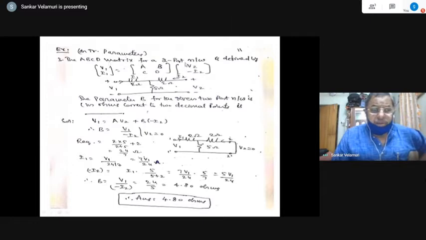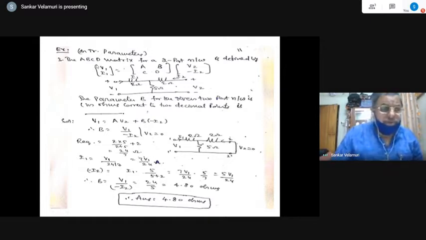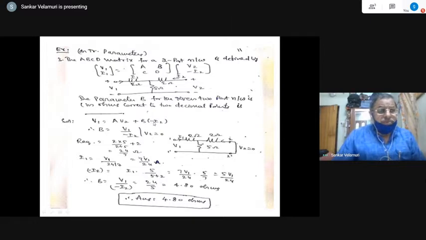Then the third problem. Some simple examples are collected for this. It is not that these are the only examples; for illustration only I have mentioned them. Each one has its own specific approach. The ABCD matrix for a two-port network is given by V1, I1 equals ABCD times V2, minus I2.